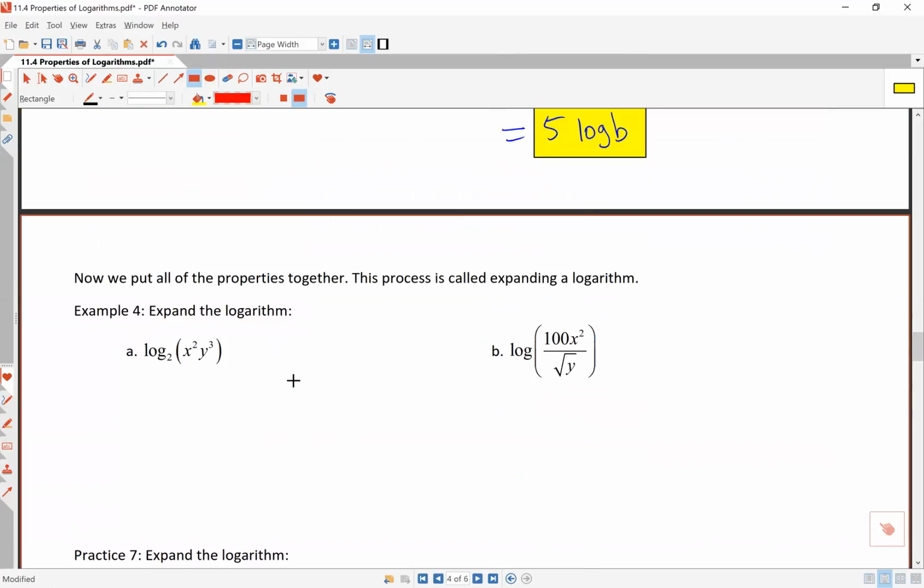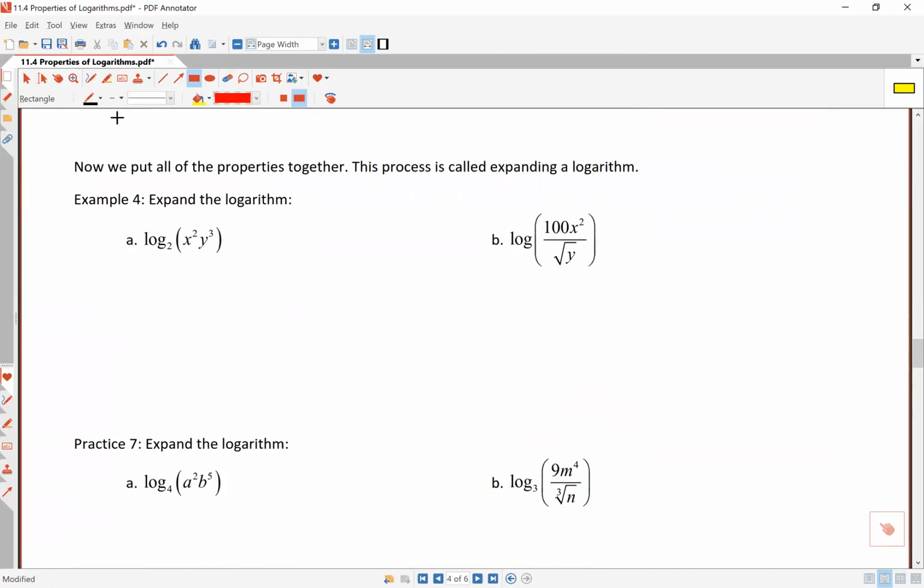Now we can put all of the properties together. The phrase we like to use is expand the logarithm. So we'll just make it bigger, sums and differences of multiples of logs. I see the log of a product there, x squared times y cubed.